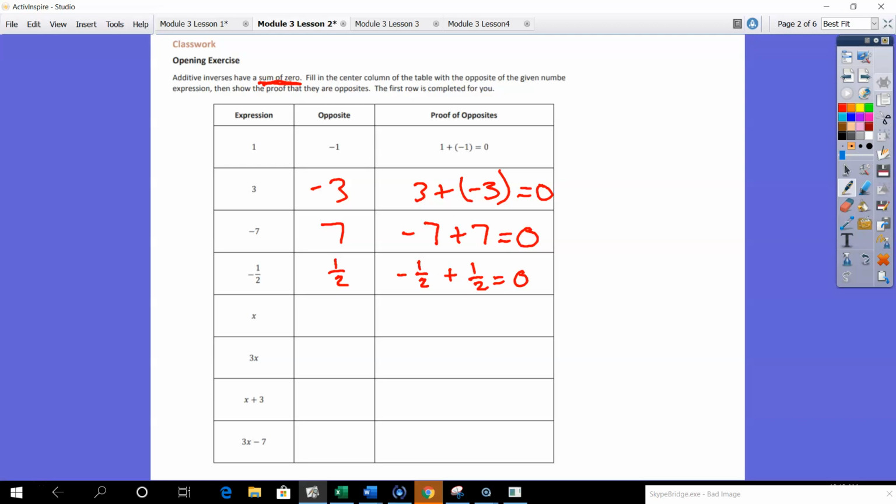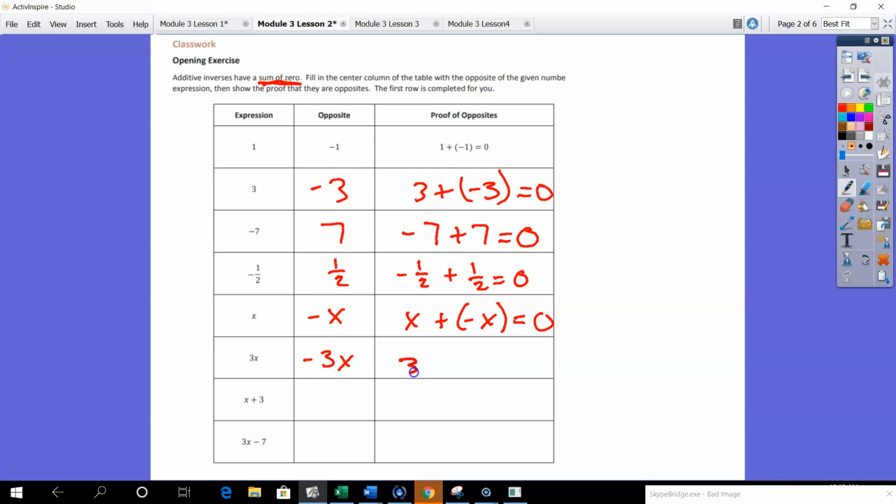So the opposite of positive x must be -x. So x plus -x equals 0. No matter what the number is, its opposite is going to equal 0. So if I have positive 3x, the opposite of positive 3x is -3x.